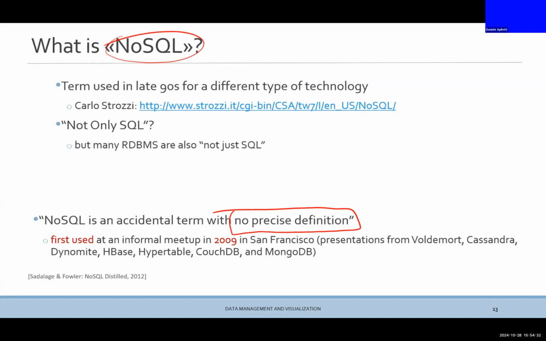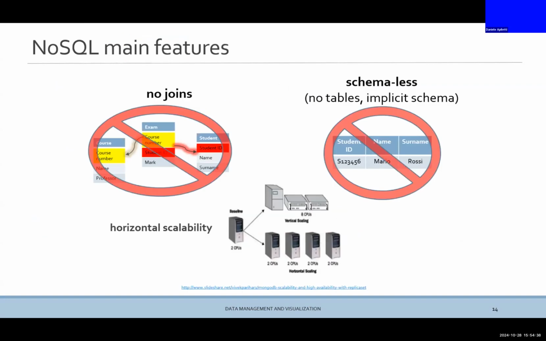Okay, so among the many features you can find, I identified 3 which are core to NoSQL databases. First, they do not have joins. Second, they do not have a schema, or at least not a rigid schema. And they have a feature of horizontal scalability.